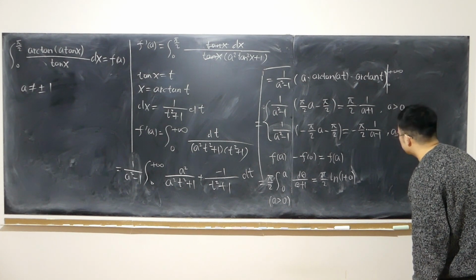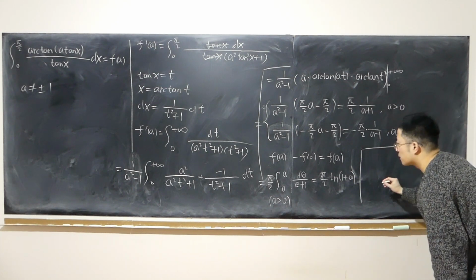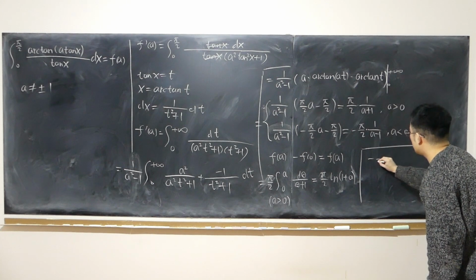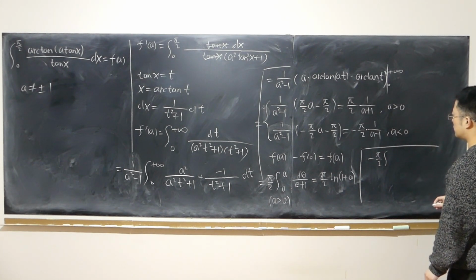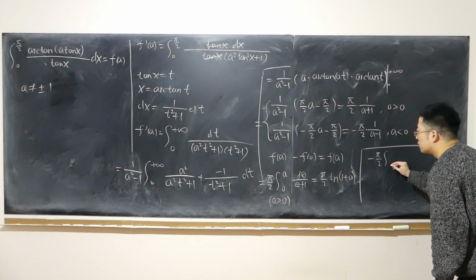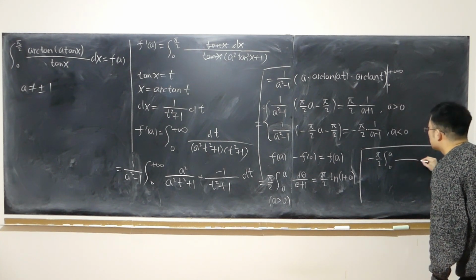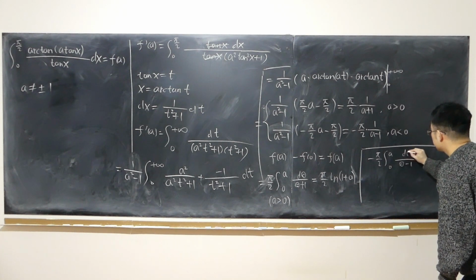So when a is negative, what do I have? I have negative half pi, integral of theta from 0 to a, of 1 over theta minus 1 d theta.